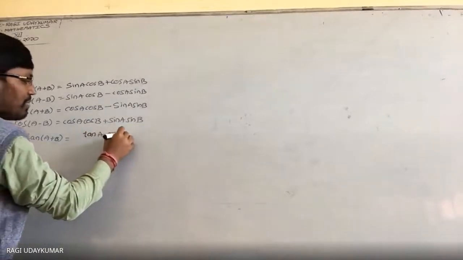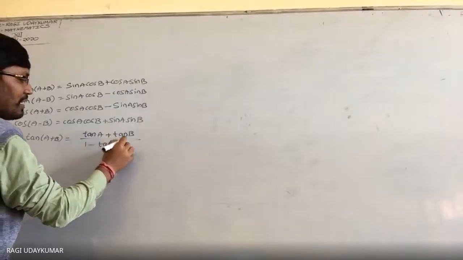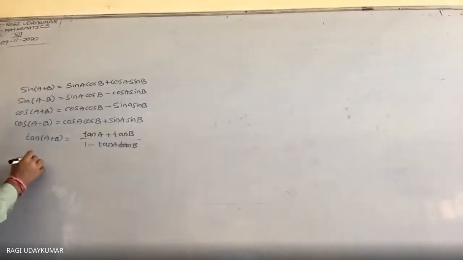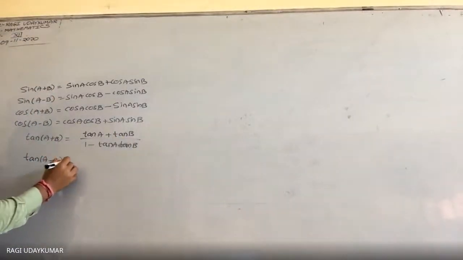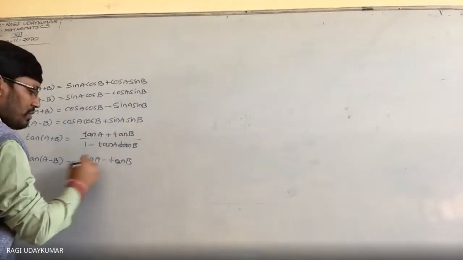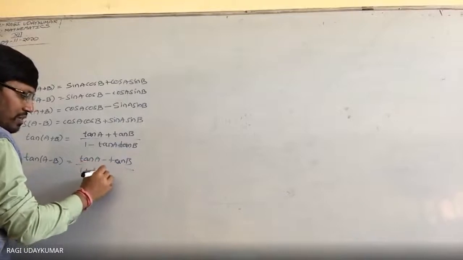Tan A plus tan B by 1 minus tan A tan B. Tan A minus B is equal to tan A minus tan B by 1 plus tan A tan B.